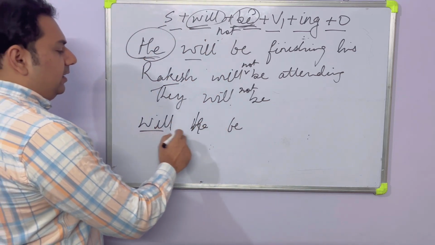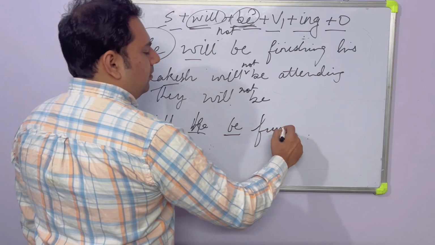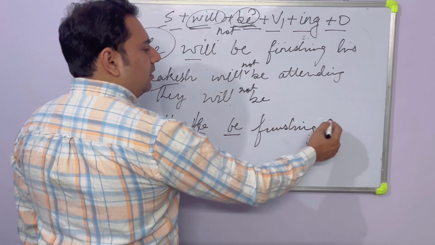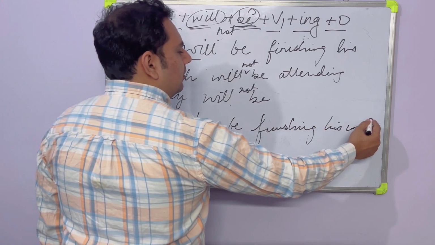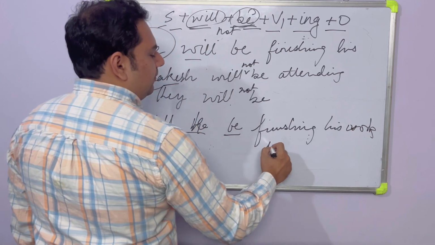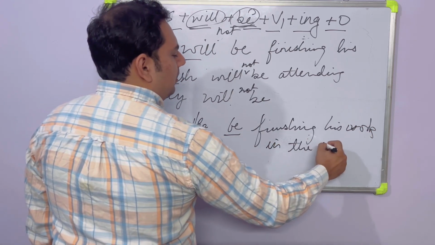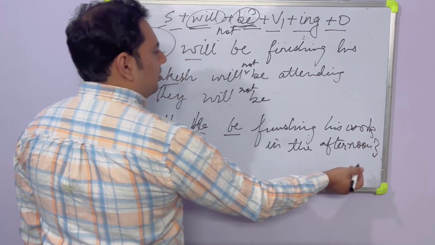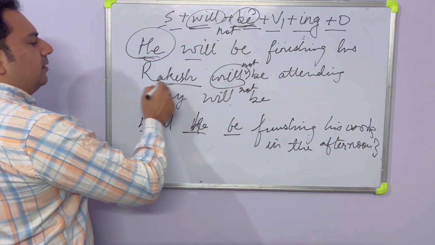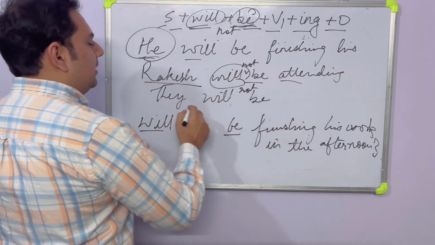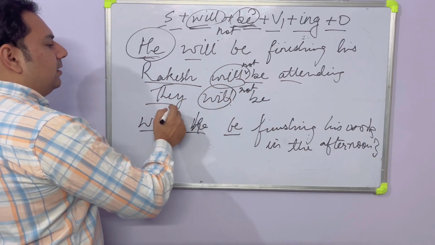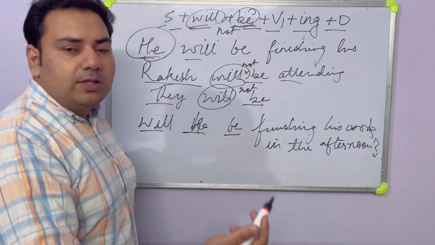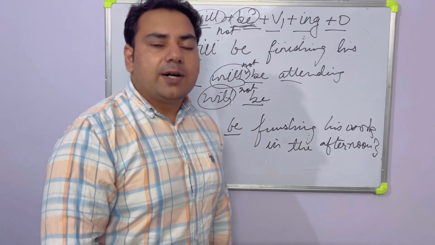Okay, will he be finishing his work in the afternoon, and question mark. So this is how you can create will Rakesh be attending the seminar, will they be coming to the party, or will they be going to the party, question mark.